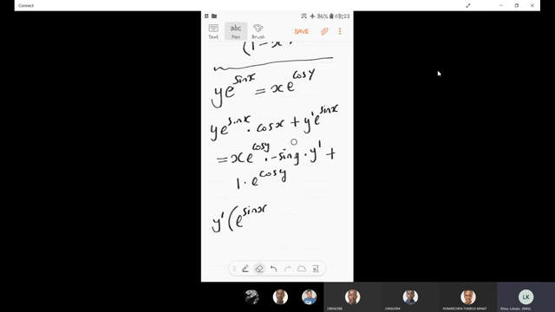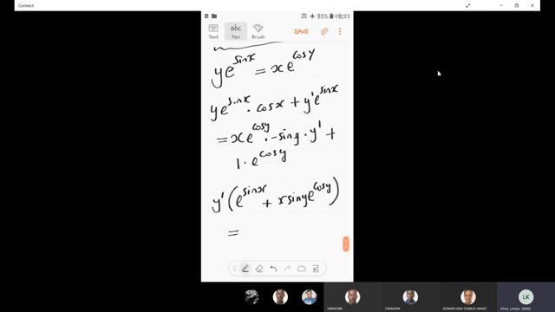So this is negative x e to the power of cos y sine y, but it's negative on this side. So when I bring it to this side of the equal to sign, it'll become positive. So I have positive x sine y e to the power of cos y. Okay, then I close my bracket.